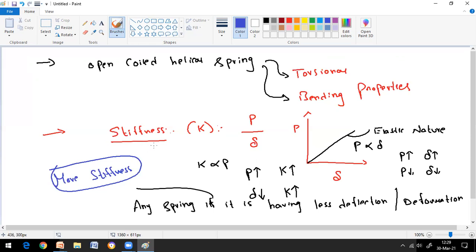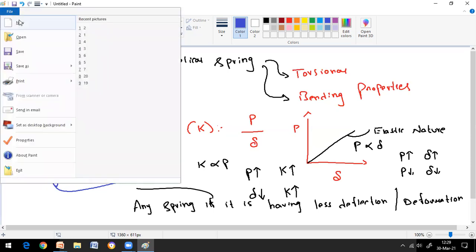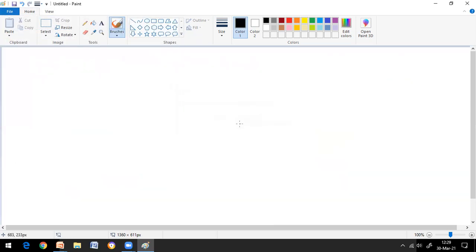Okay, right. Next we will discuss the closed coil helical spring, which is an example of a torsional spring. Let me discuss that. Let's write closed coiled helical spring.